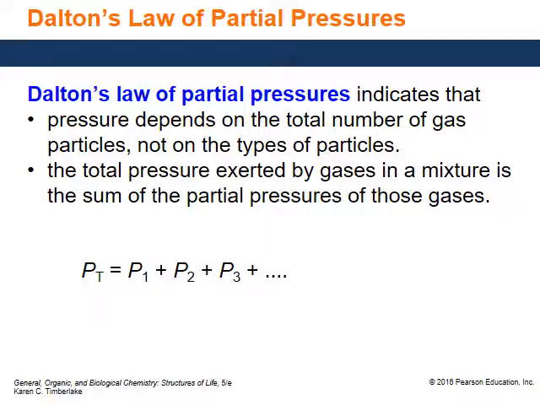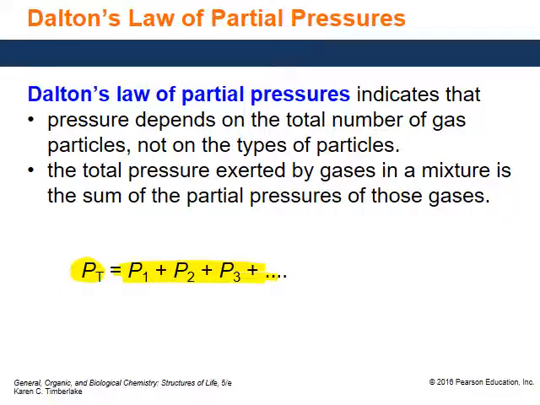What would be the total pressure exerted on the balloon? The total pressure exerted would consist of some pressure exerted by helium, some by nitrogen, some by oxygen, some by hydrogen. So Dalton's law tells us that the total pressure exerted by the gas in a mixture is the sum of the partial pressures exerted by all the gases that are present in the mixture.